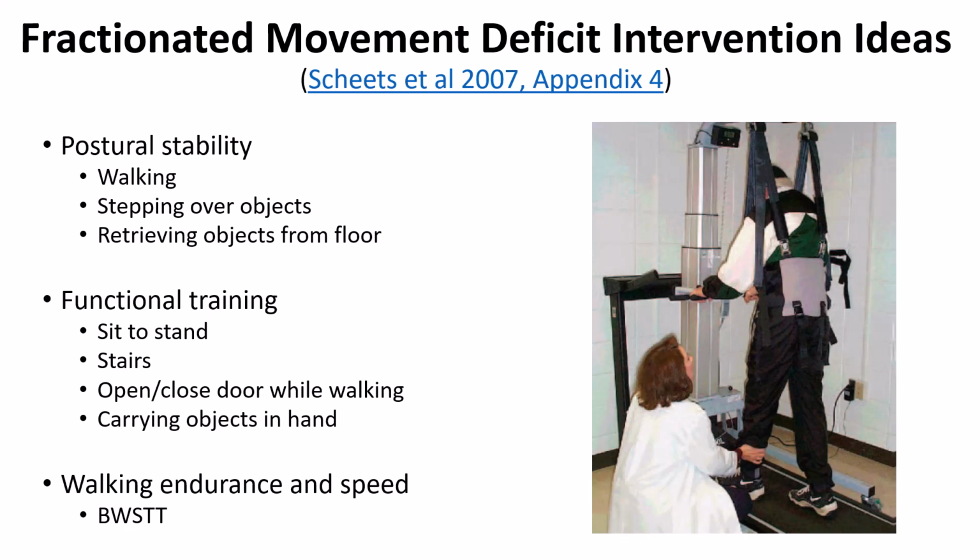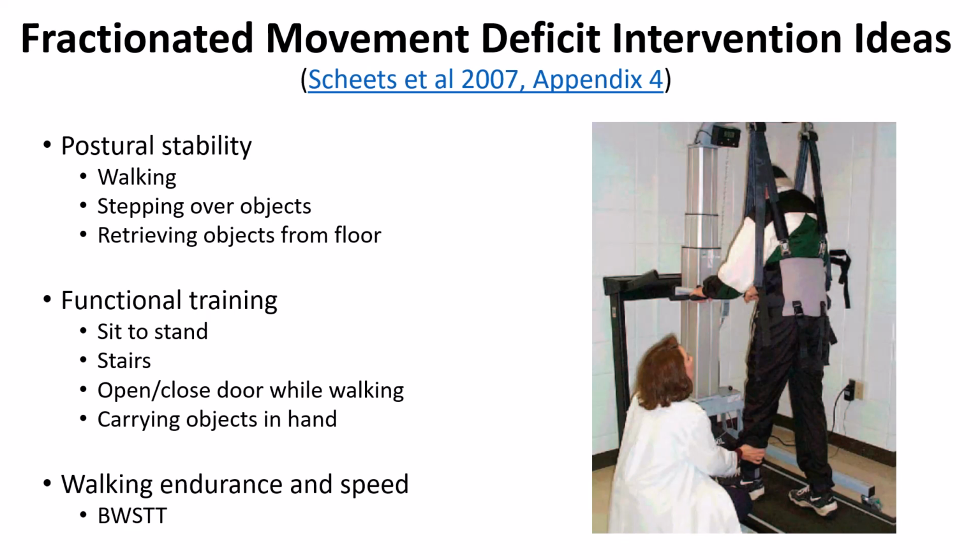Functional training ideas, similar to others, are going to be sit to stand tasks, walking up and down steps, even opening and closing doors while walking. Because remember, if that person is using an assistive device like a cane, when they pick up the cane and have to use their unaffected extremity to open a door, they're going to start to lose their balance.